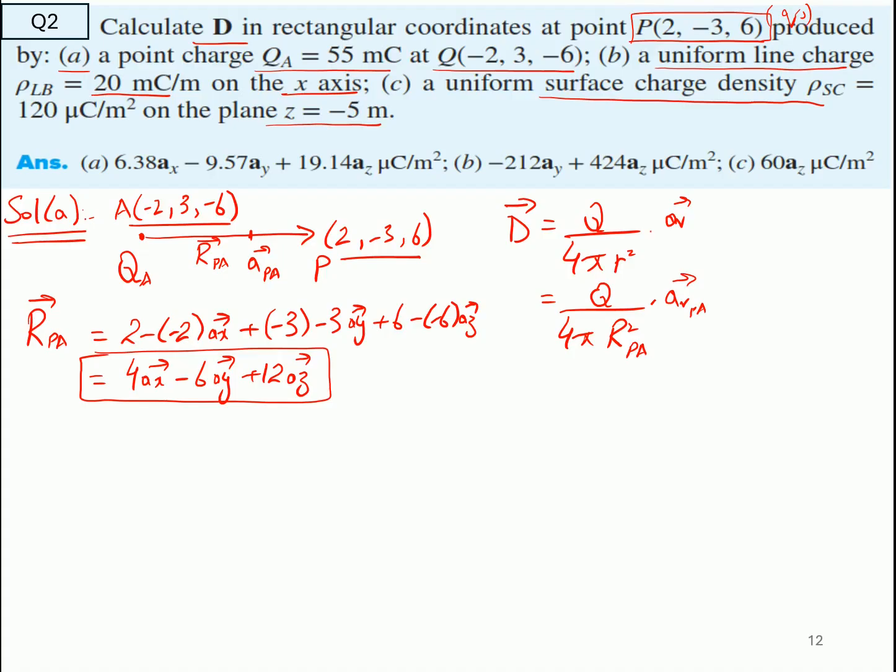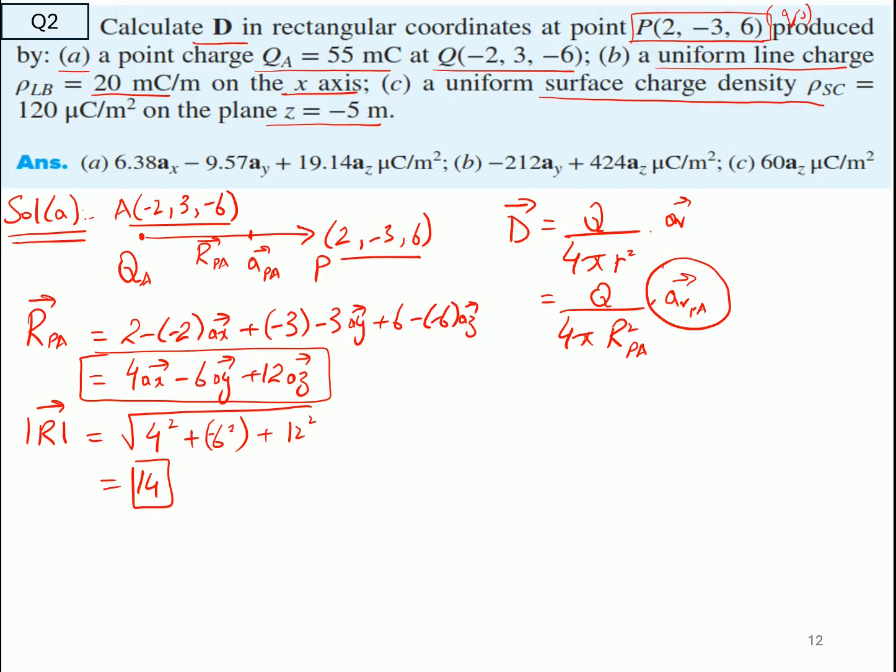So I can find the magnitude of this vector because I need to solve for the unit vector as well. The magnitude is just the square root of the sum of the squares of the scalar terms. So this is 4 squared, minus 6 squared, and 12 squared, and it comes out to be 14.